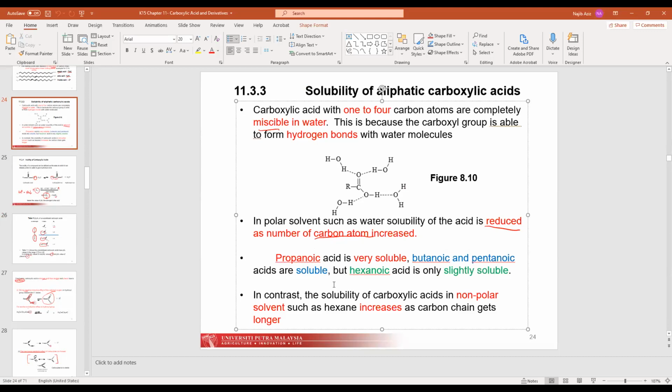But in contrast, carboxylic acid can be dissolved in hexane, and its solubility increases because the carbon chain becomes longer. Okay, so itu untuk physical properties.